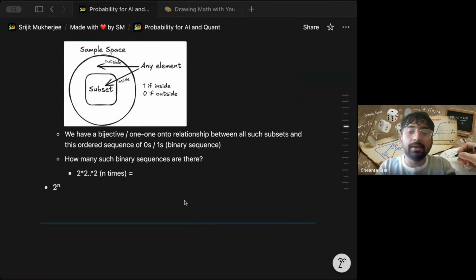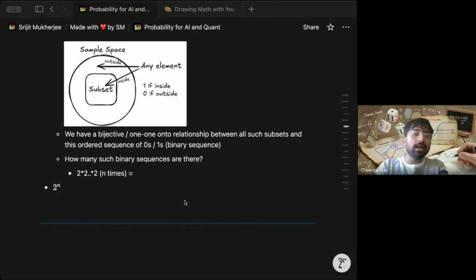Now any element, observe this carefully, can be inside A or B or outside A and B, because A and B are disjoint.